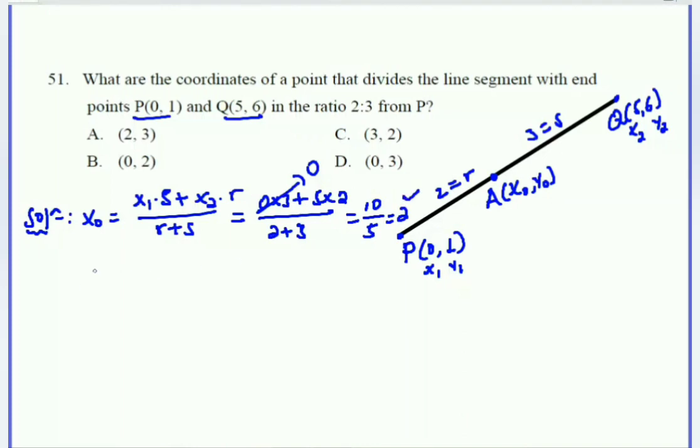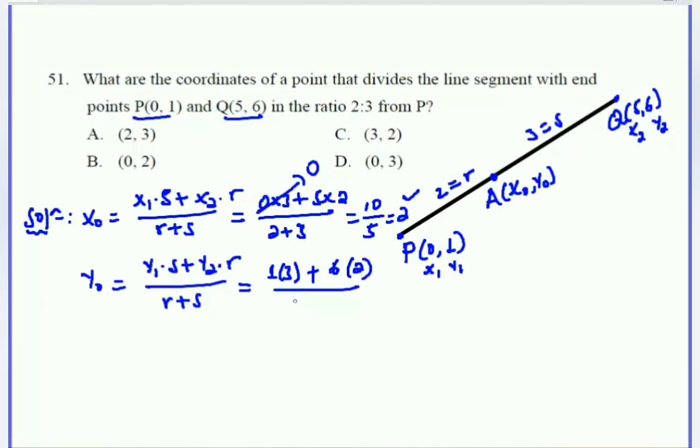Now let's calculate y0. y0 is given as (y1 times S plus y2 times R) over (R plus S). So y1 is 1 times 3, plus y2 is 6 times R, which is 2, over 2 plus 3.